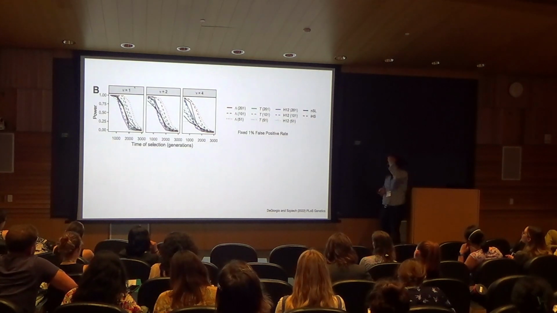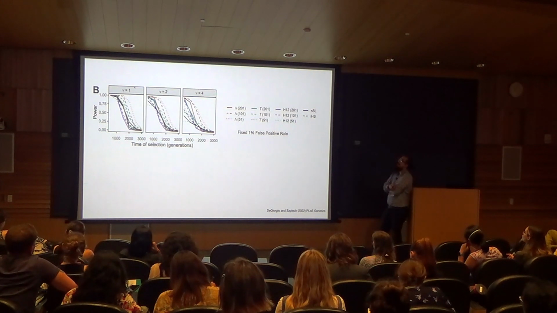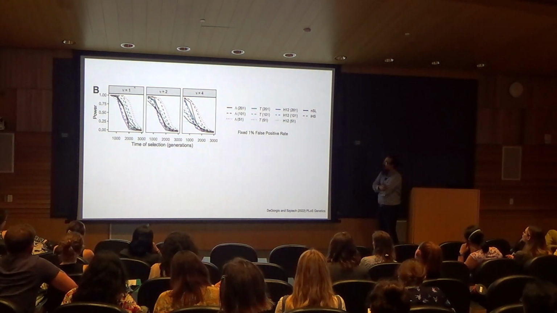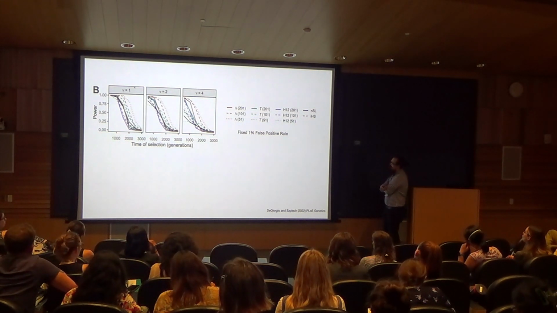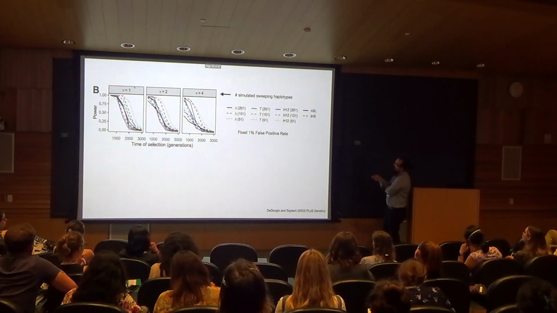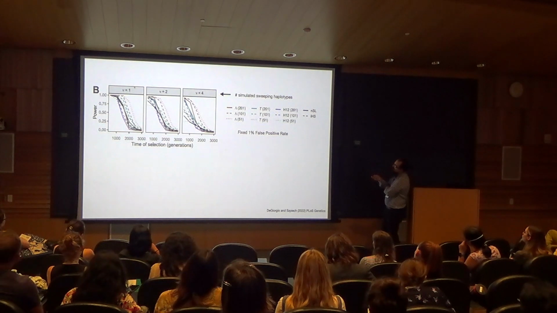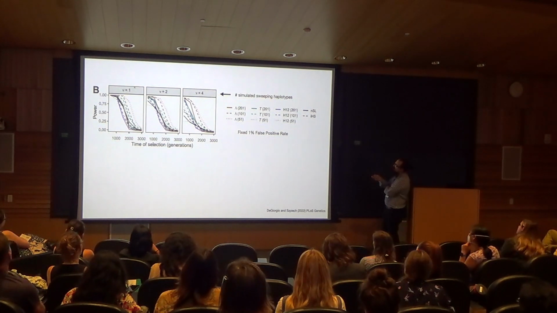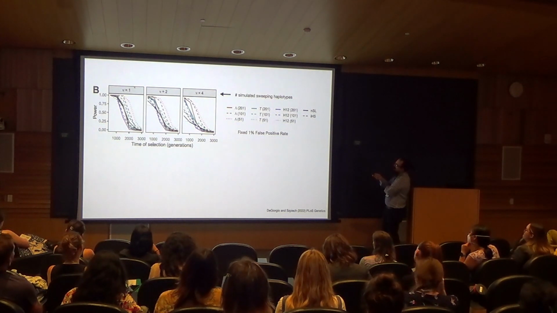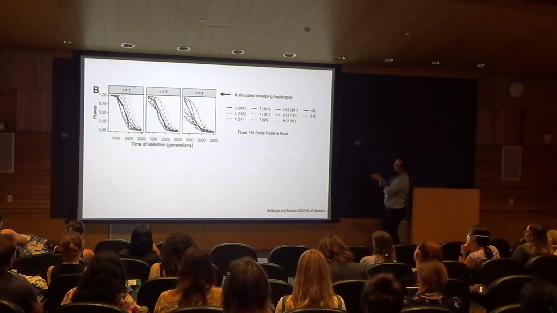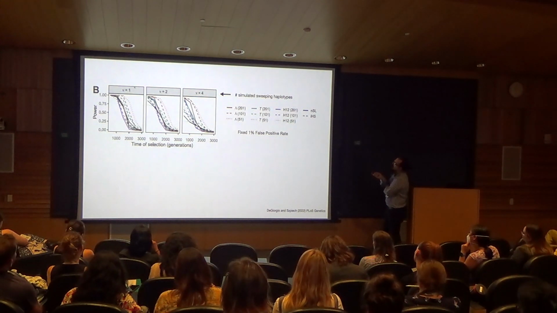So we did some simulations. I believe this was a constant population size, again, of about 10,000, just for illustrative purposes. And in each of these little plots, this nu here represents the number of simulated sweeping haplotypes. So 1 sweeping haplotype, 2 sweeping haplotypes, 4 sweeping haplotypes.